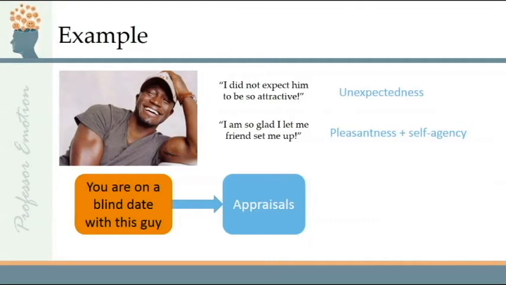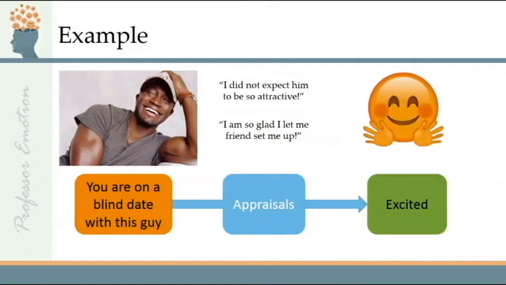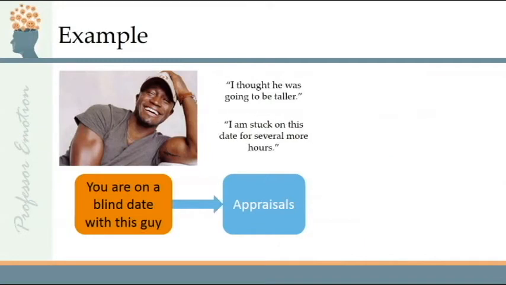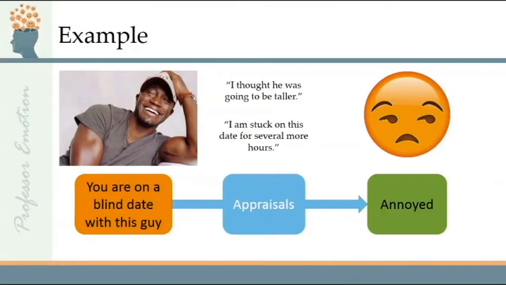This is basically them giving themselves agency. Together, these kinds of appraisals would create an emotion of excitement. On the other hand, appraisals of unexpectedness in the bad direction, of thinking that they have no control and that this is unpleasant, those are going to lead to an emotion of annoyance.